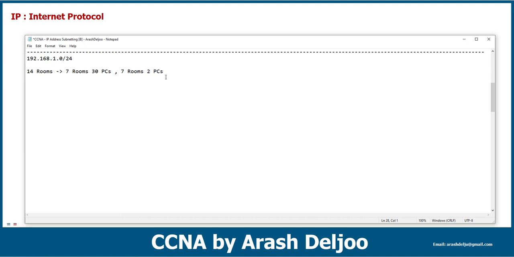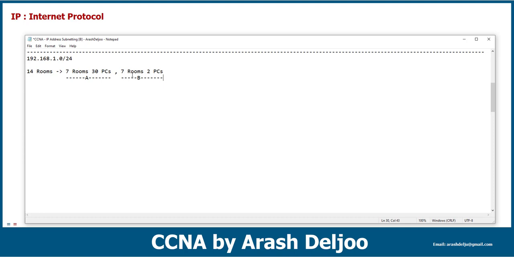Let me say that in this type of requirement, it's better to first design the subnets with more hosts. For example, I'm going to first design this requirement. This is the first requirement. Let me write here requirement A. After designing these 7 rooms with 30 hosts, we can start the subnetting of the IP addressing for the next requirement.